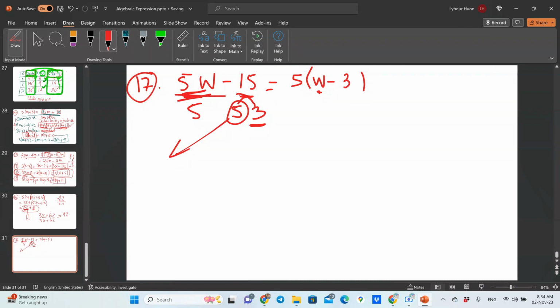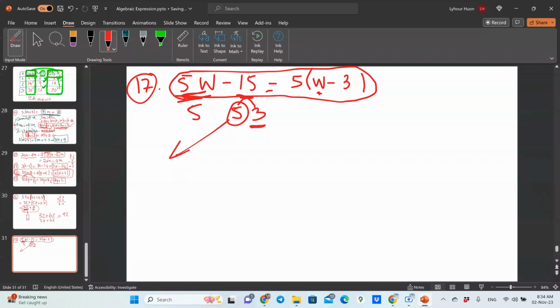This is a reverse of the distributive property, right? When we do distributive, we distribute 5 to each term inside the parentheses. Now it's the undo. It's the reverse of the distributive. So we take 5 out, and what we have left is W minus 3.